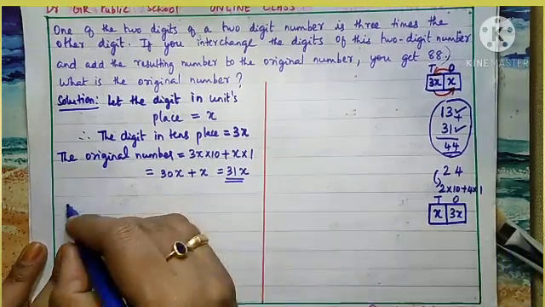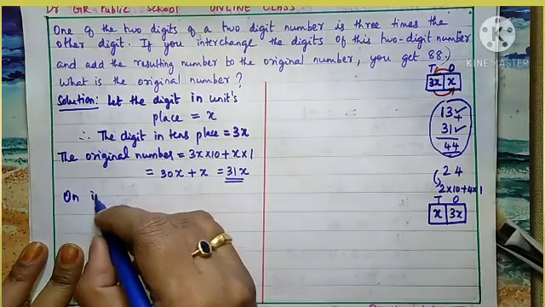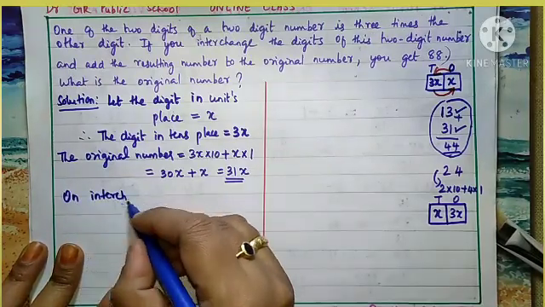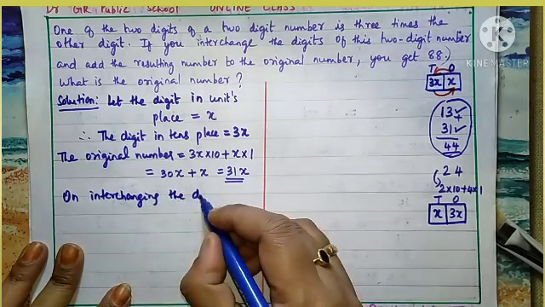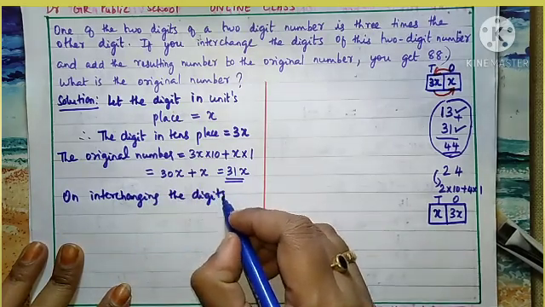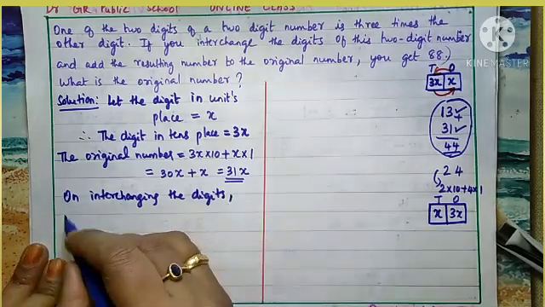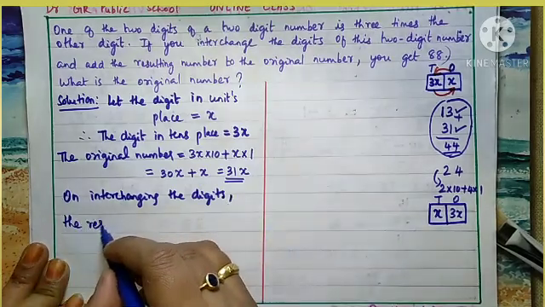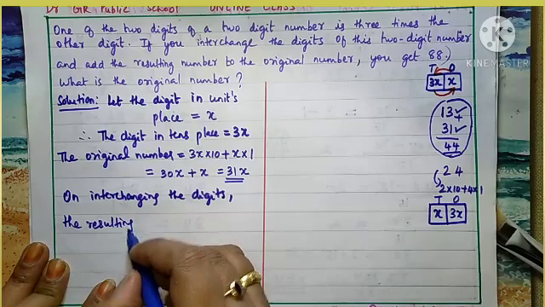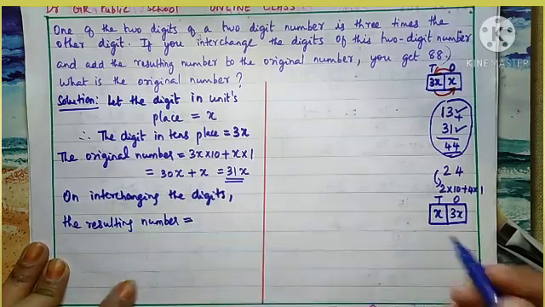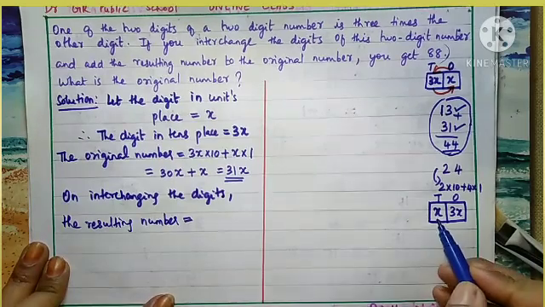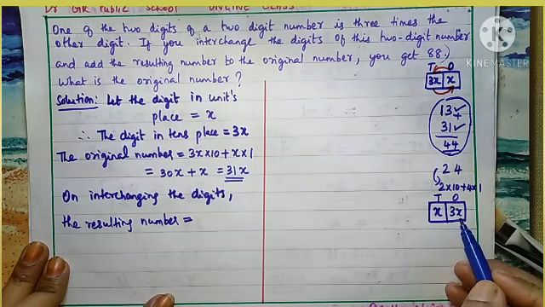So write: on interchanging the digits, the resulting number equals what? Now you see, x came to the tens place, 3x went to the ones place.